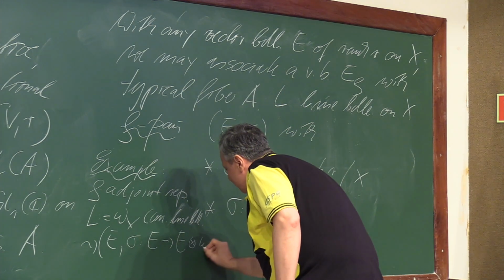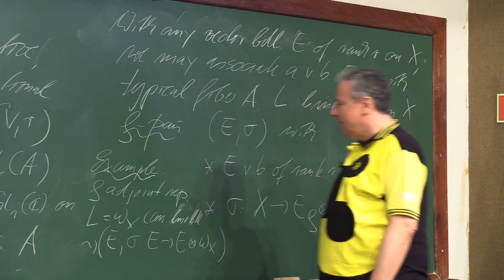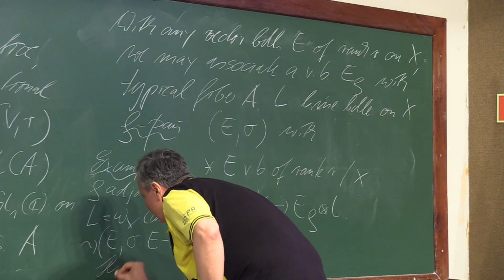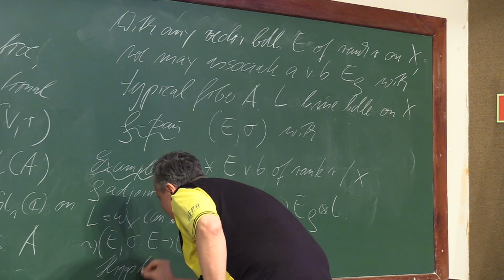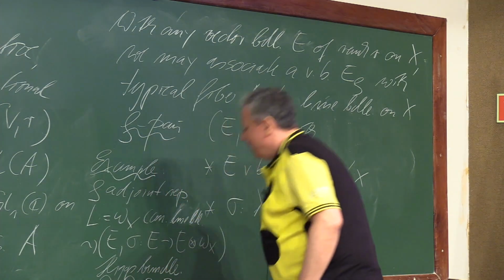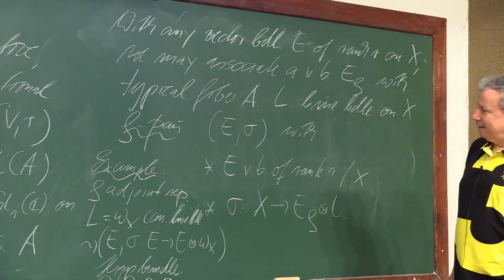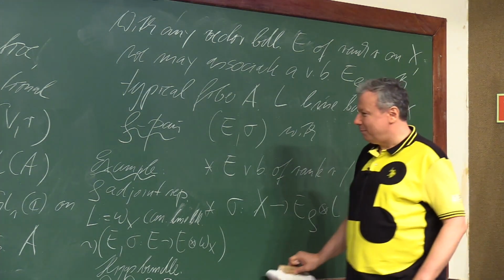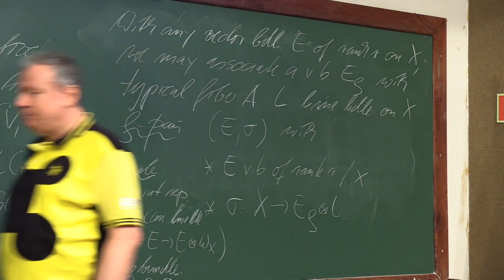You can also write this as an endomorphism from E to E tensor omega, and this is called a Higgs bundle. It's probably the most famous example falling into this category.